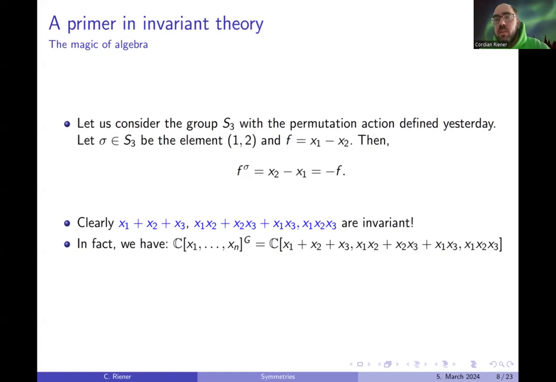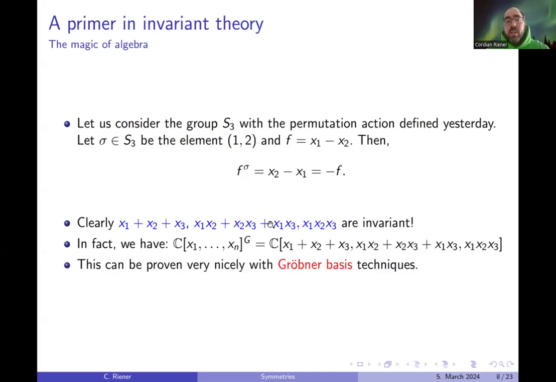Also, is there any algorithm to know which polynomials will generate this ring? Very good question. We will come a little bit to that, but this is a very important question. Here I just said very bluntly that you can show this theorem very nicely with Gröbner basis techniques, because you can show that every other polynomial that is S3 invariant can be written in those polynomials by looking at a very good term order and doing this expression very concretely.